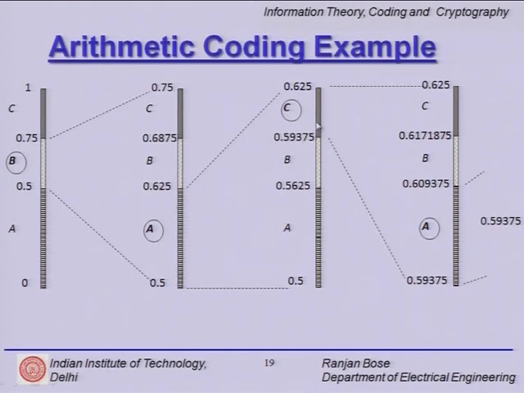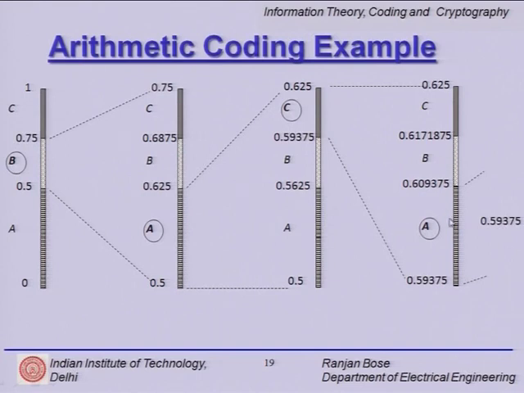Now I go ahead and say, okay, this is in this region C, right? It could have been anything above it also, but it is this region. And then I say the third symbol is C, and I expand it further and see where it lies, and then I get the answer as A. And you will be surprised to see that any one of the numbers in this region would give you the same answer.